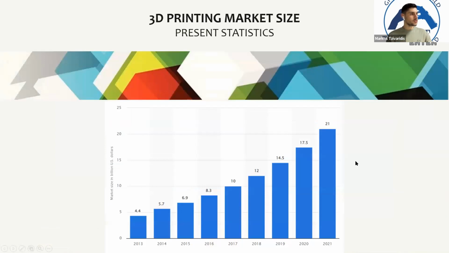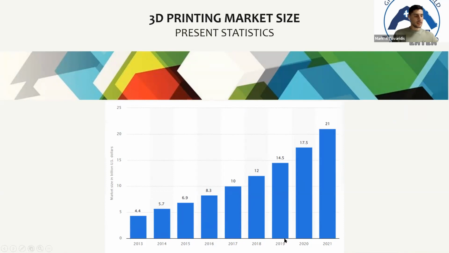So if we move to the next one, you can actually see it better. Here we can see all of those fields. As you can see, the market size of 3D printing in 2013 was $4.4 billion. 3 years after, it got double, $8.5 billion.